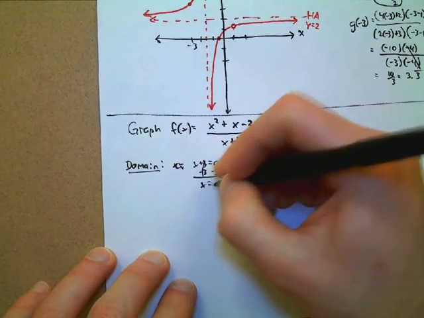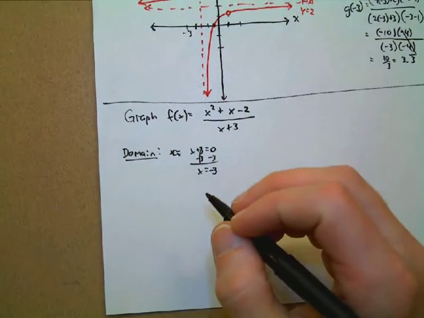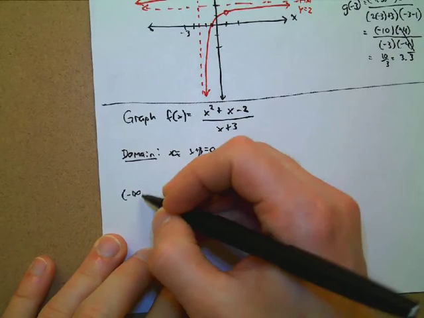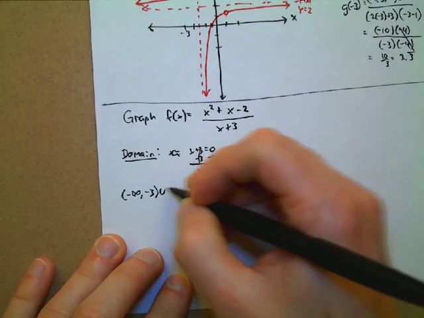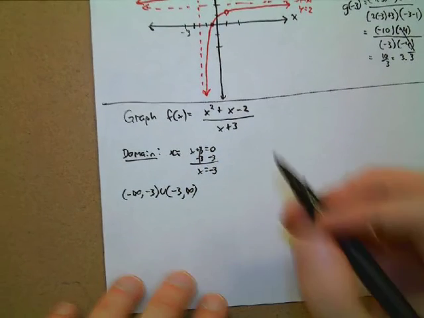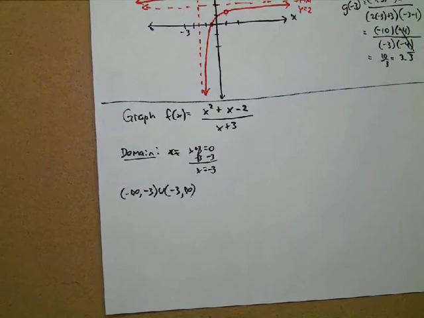And so the domain will be -infinity, as Julian said, to -3, union -3 to infinity. There's only one x coordinate that causes problems, because there's only one factor down here, just x plus 3. So -3 we exclude.